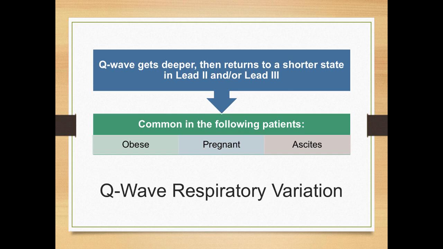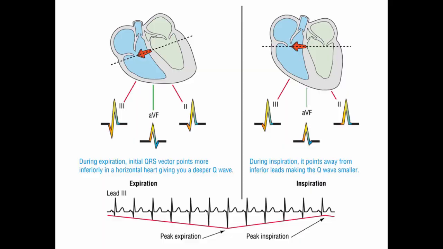We're looking at lead 2, lead 3, and the Q wave gets deeper, then not so deep, then deeper, then not so deep while your patient is breathing. This is because all that pressure from the abdomen is physically pushing the heart and changing its axis in your patient's chest.